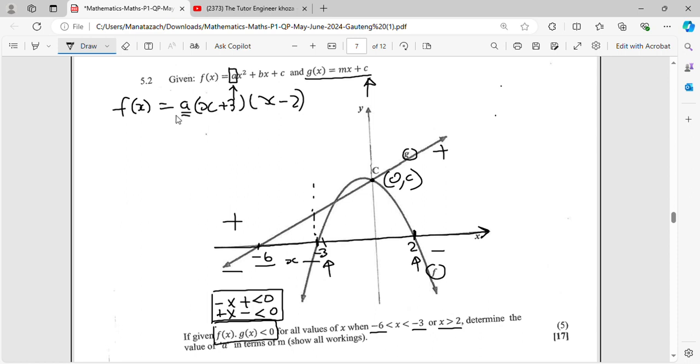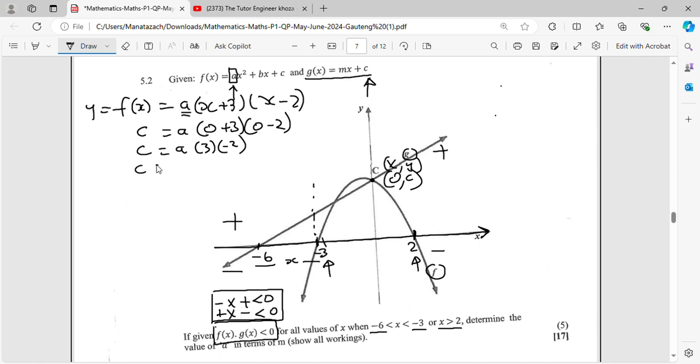Which formula are you going to be using these coordinates on? Now that you know x is 0 and y is c, we're going to be replacing them. So f of x is actually y, so y becomes c. Then you have a, remember the x at point c is 0, then plus 3, then the x at point c is 0. That will be now just basic mathematics. 0 minus 2 is minus 2.